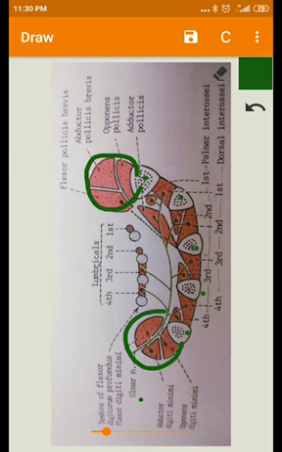These are the tendons of the flexor digitorum profundus, from which the lumbricals originate, and in between these metacarpals you will have the palmar interossei and dorsal interossei muscles. This side is the palmar interossei, and those present dorsally become the dorsal interossei.